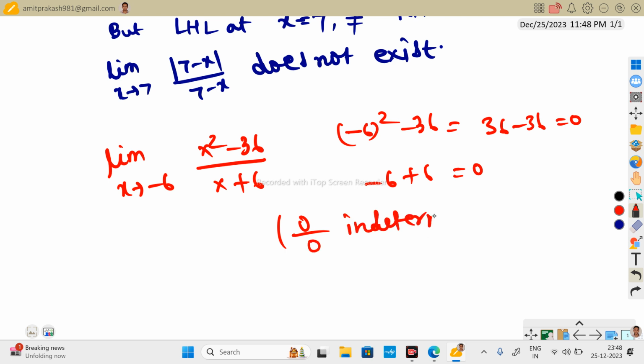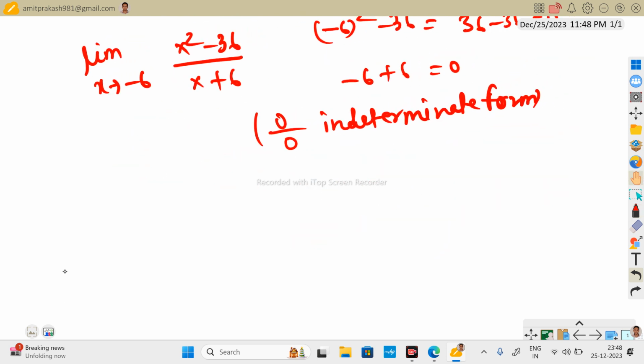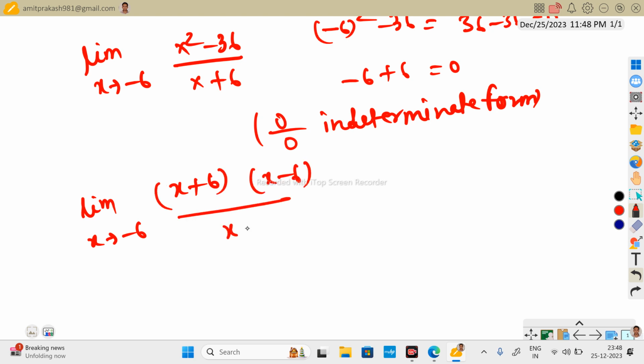So we remove this indeterminate form. And how can we remove it? By cancelling the factor for which this becomes 0 upon 0. So limit x tends to minus 6, by factorizing the numerator, this becomes x plus 6 into x minus 6 upon x plus 6.